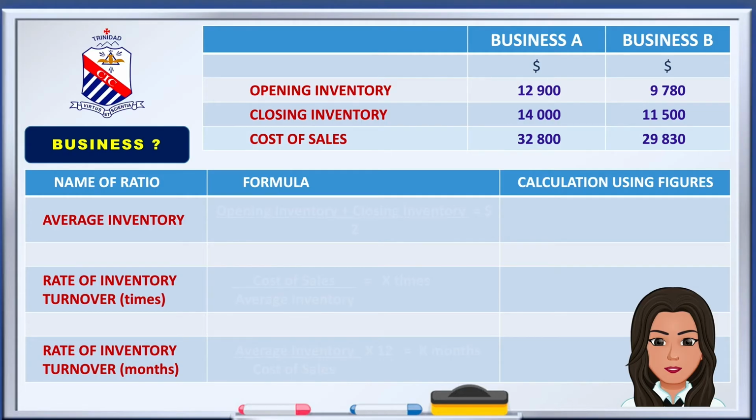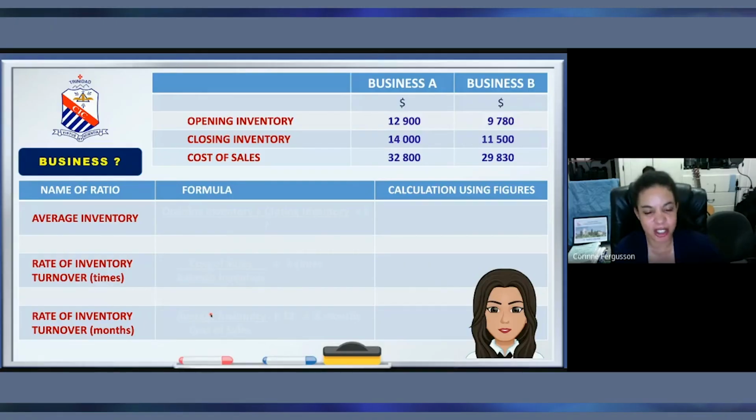That's the main ratio, the easier ratio. Put your formula, put your working, put the answer, times. And then you will go to your rate of inventory turnover in months, flip the formula. So you have your formula in words, multiply by 12 because of months. And then you have your working in terms of figures, and your answer, months.